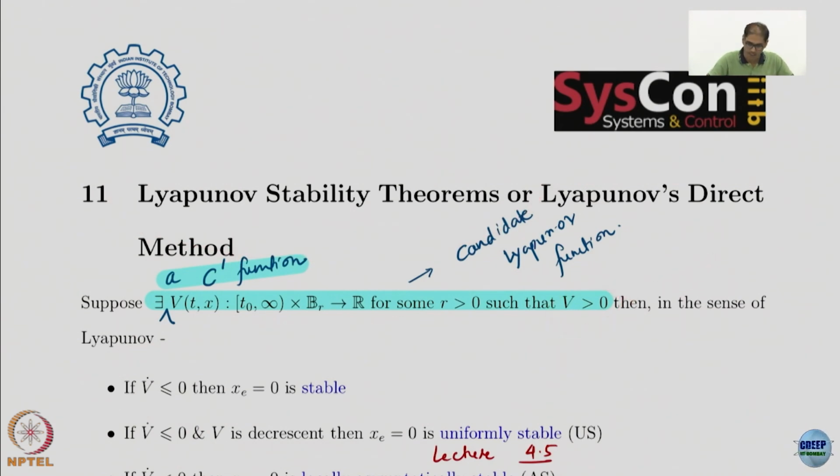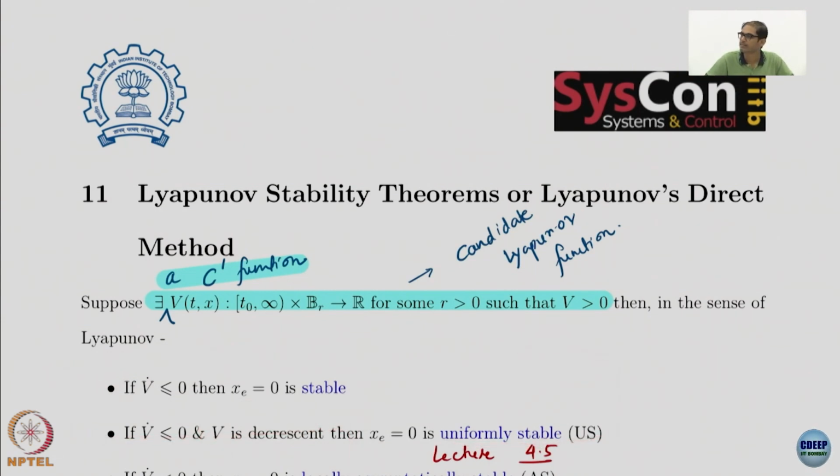And then we say that the system is stable if the derivative of V, the way we defined it, is negative semi-definite. Only semi-definiteness is required. And further, if V was also decrescent, then you have uniform stability.